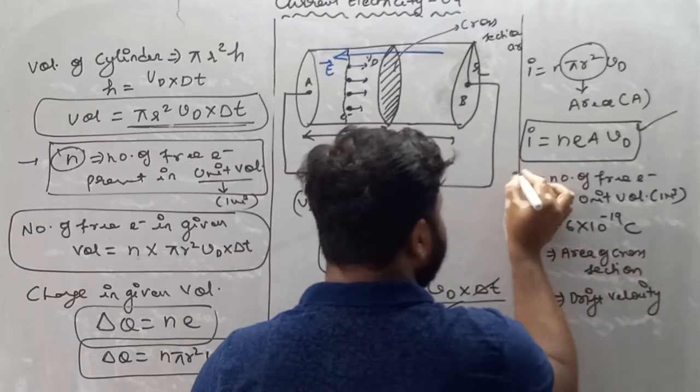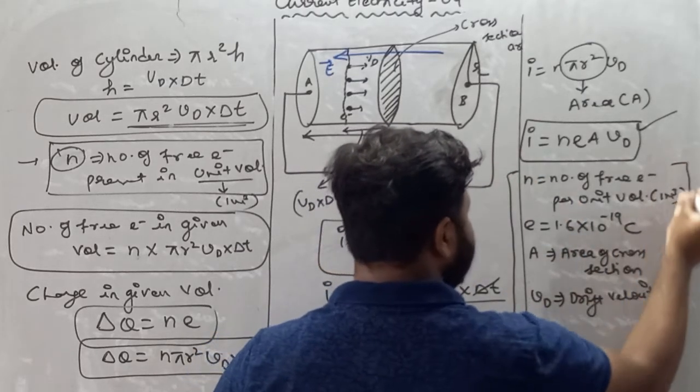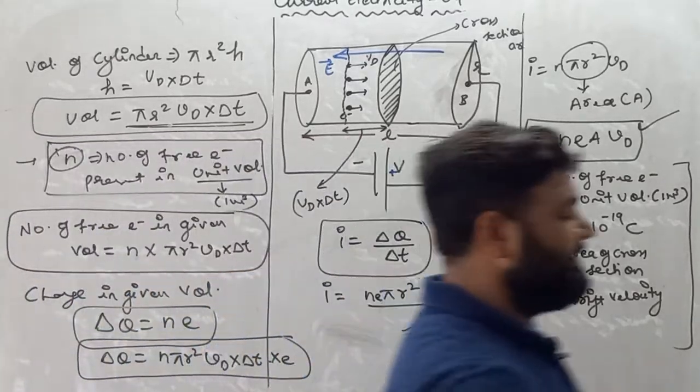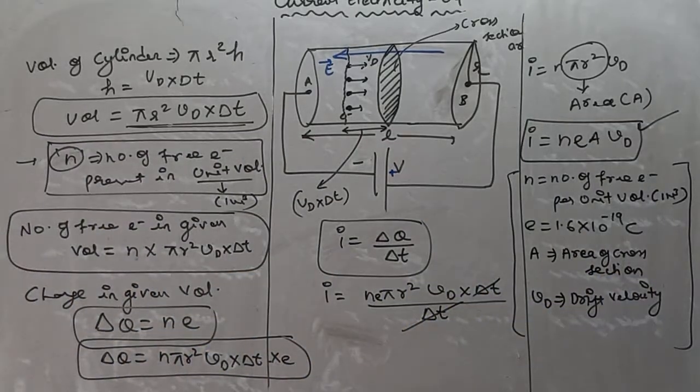This is the relation of current in a conductor, and this relation is very important. I is equal to n e A Vd. Try to learn this relation, try to understand this relation, because this relation is very, very, very important.